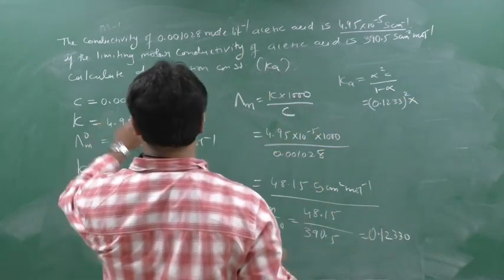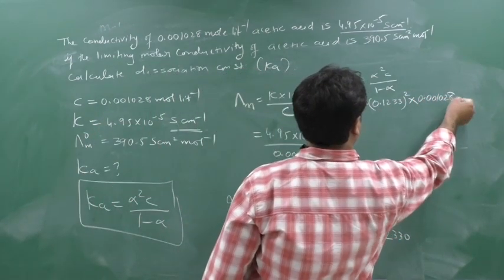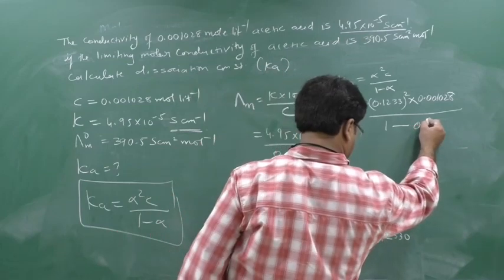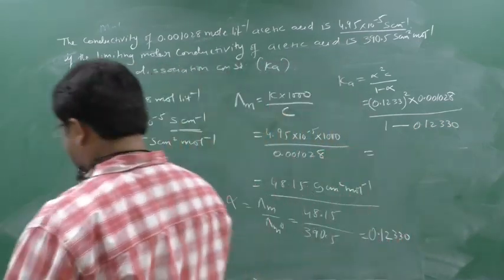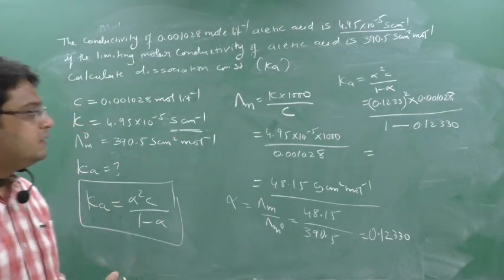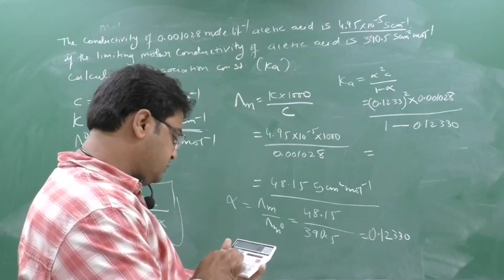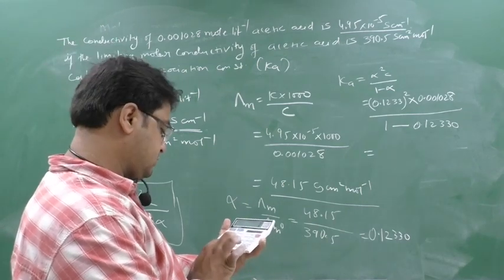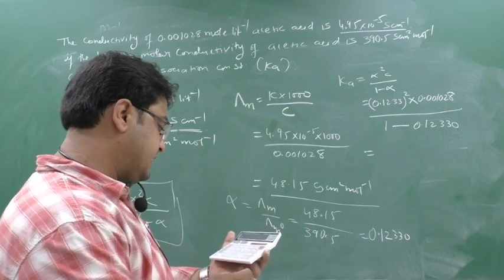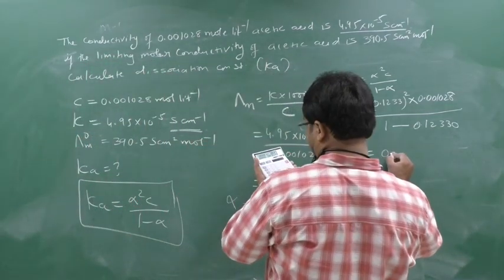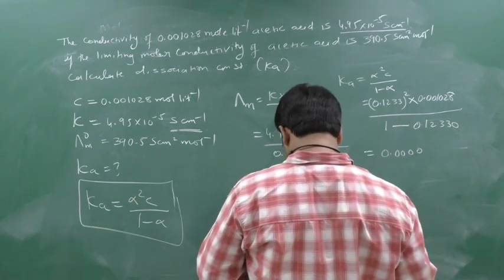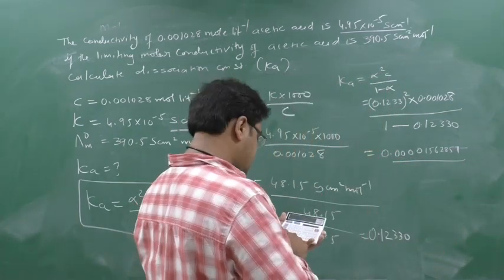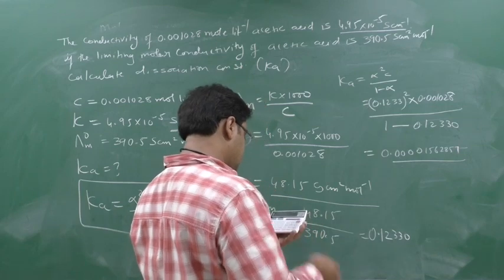The concentration is 0.001028. And 1 minus alpha, the alpha I got is 0.1233. So the dissociation constant will be 0.1233 squared, multiplied by 0.001028, which gives 0.1562857 times 10 to the power minus something, divided by 1 minus 0.1233, which is 0.8767.